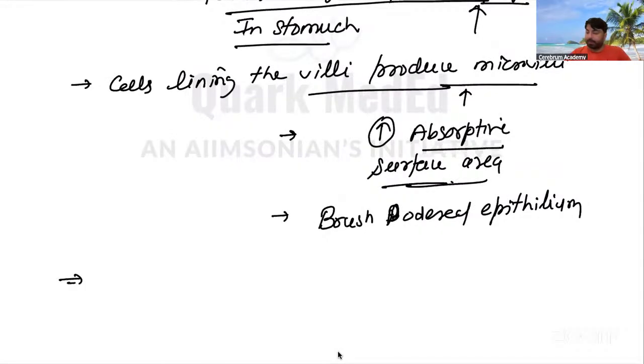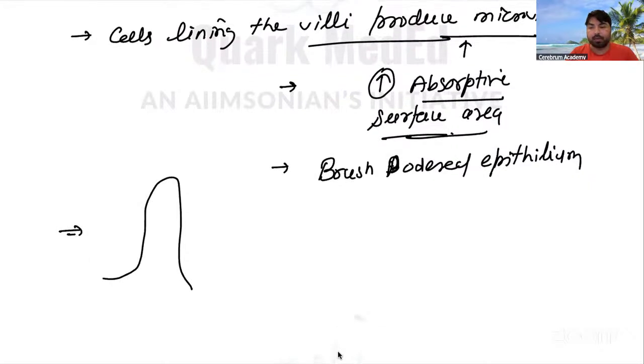So let's say this is a villi inside the intestine. And this villi will have some smaller structures. They are the microvilli. They will be all over, I just drew a small portion.